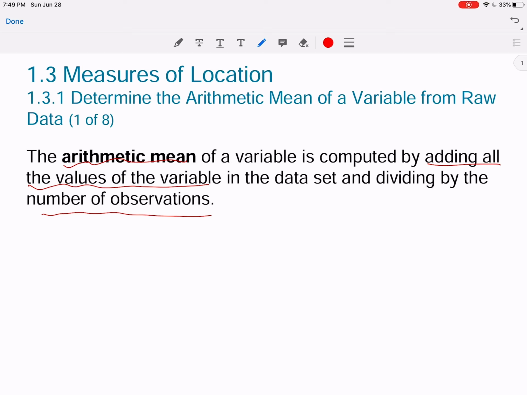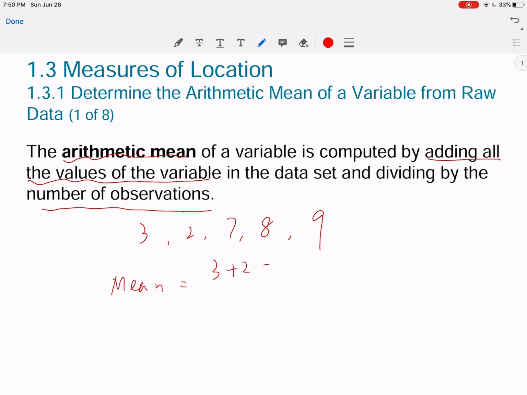For example, if I gave you a data set, let's say 3, 2, 7, 8, and 9. So if you want to find the arithmetic mean of this data set based on the definition, we want to add all the values together, 3 plus 2 plus 7 plus 8 plus 9, and then divide by the number of observations, which is 5 here.